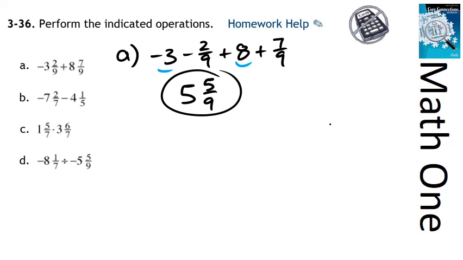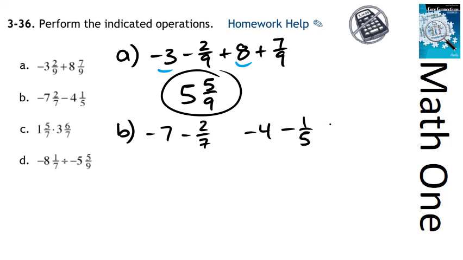Let's try B. I'm a little apprehensive, but let's try it. So same kind of thing. That -7 2/7 is a -7 and a -2/7. And then to that, I'm going to be subtracting a 4 and a -1/5.